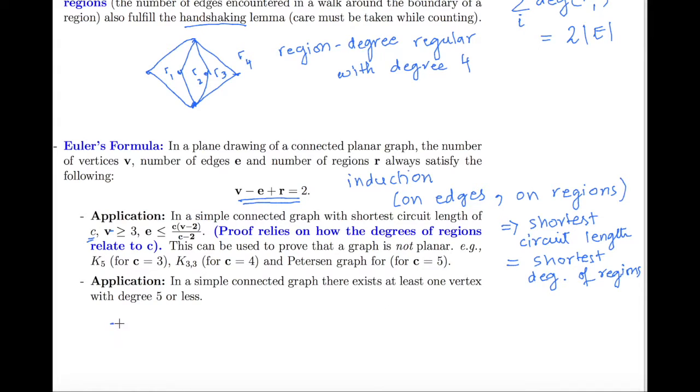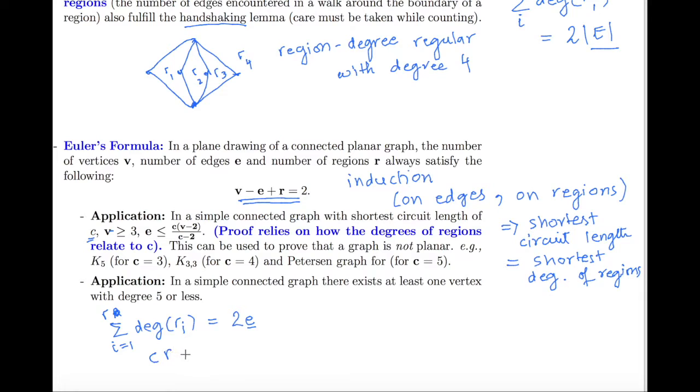The sum from i equals 1 to r of degree of Ri is equal to 2 times E, where E is the number of edges. Since for every Ri the degree of Ri is greater than or equal to C, and this is small r, C times r is replacing this with something smaller.